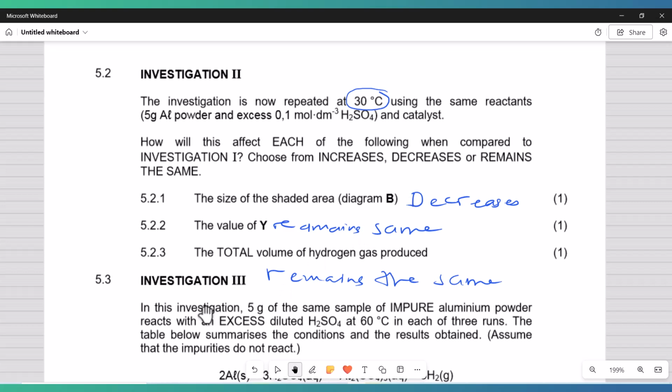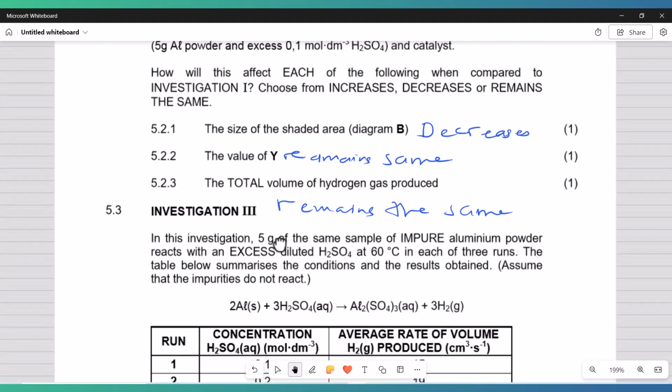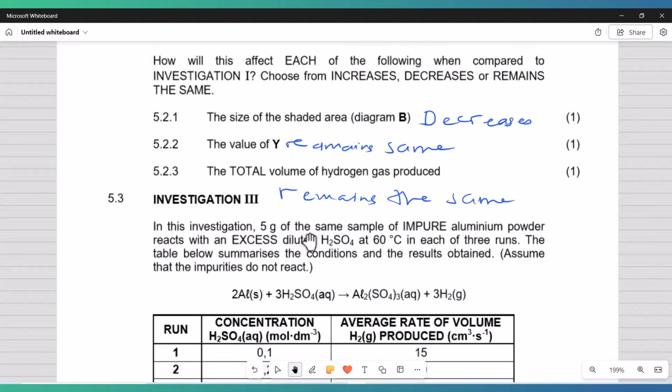Okay, they say here investigation 3. In this investigation, 5 grams of the same sample of impure aluminum powder reacts with an excess of sulfuric acid at 60 degrees Celsius, like in experiment 1.